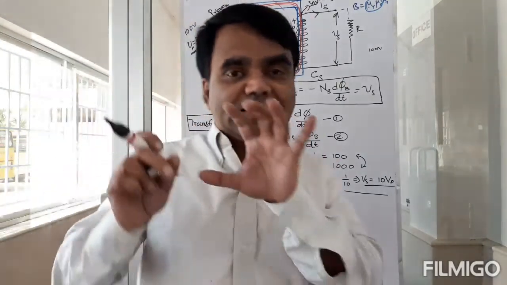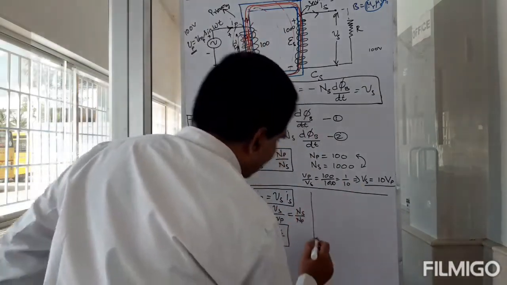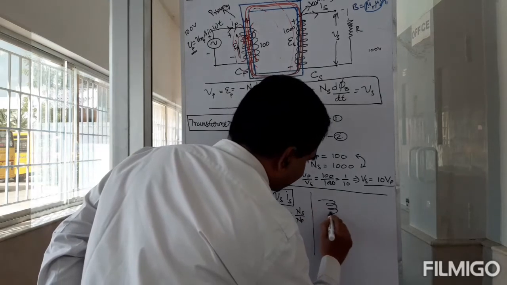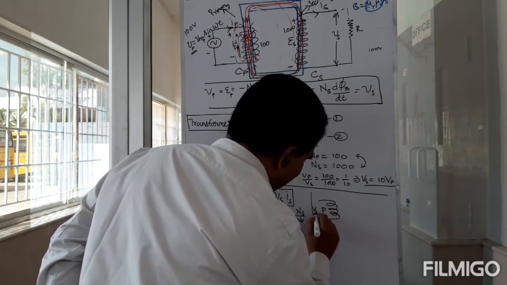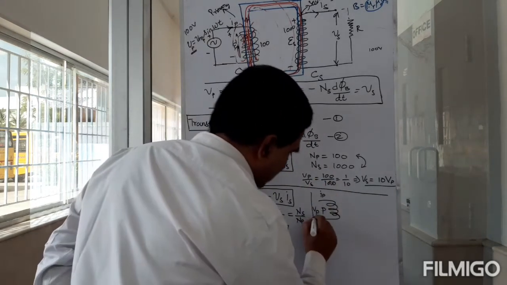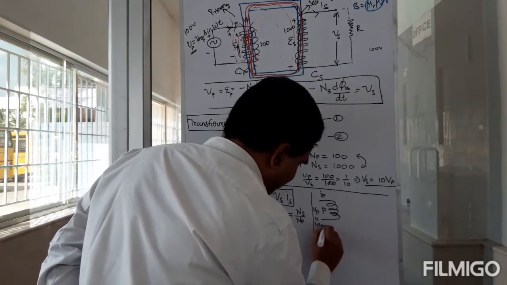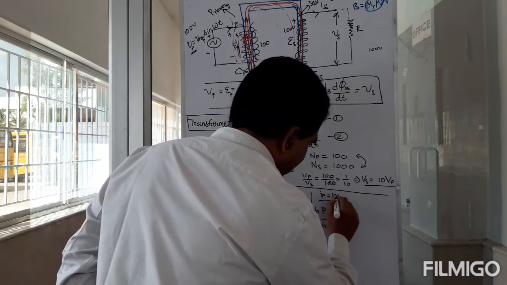I take a simple case. I have this primary, so I have Vp applied across this, and then Ip is going through that. Let's say Vp is 100 volts, and Ip, say, 10 amperes.